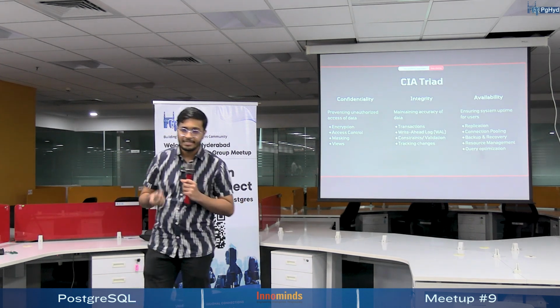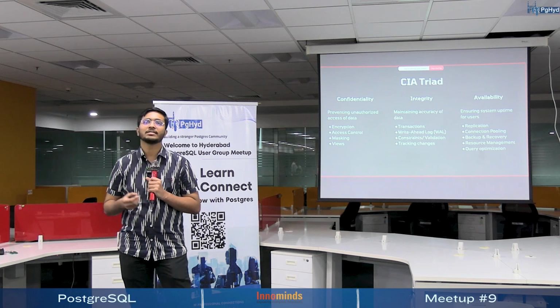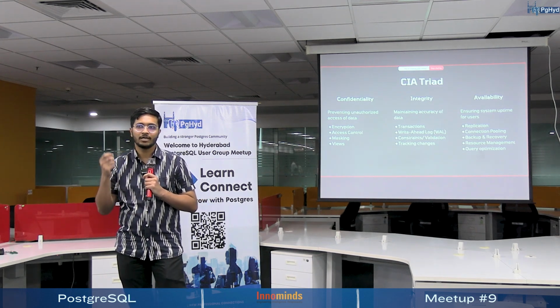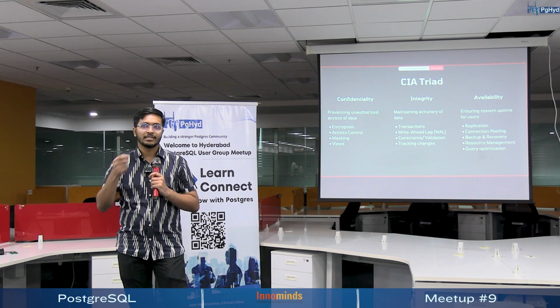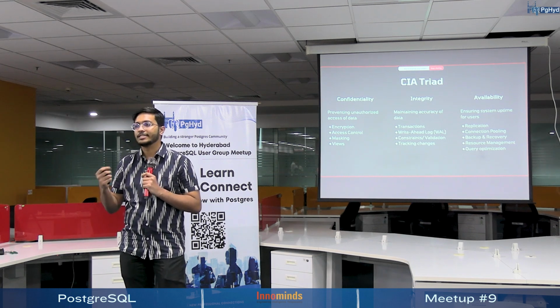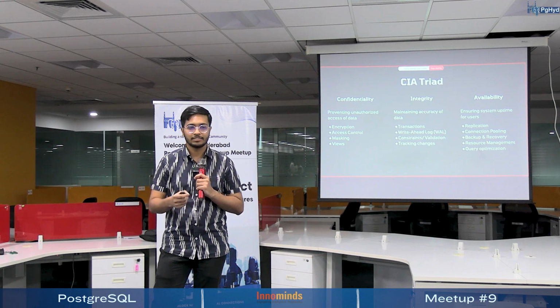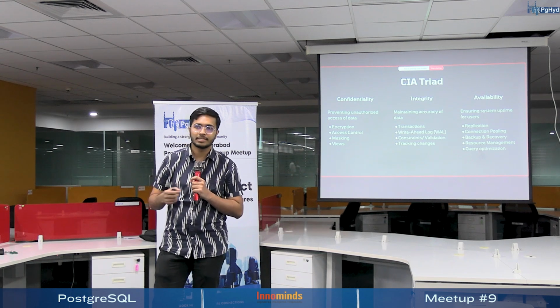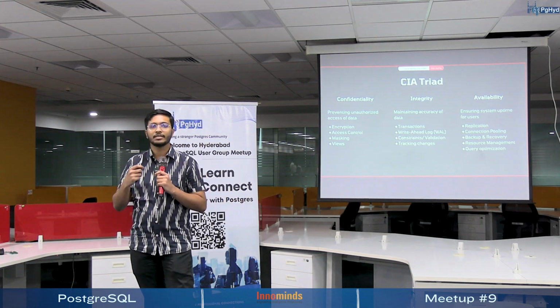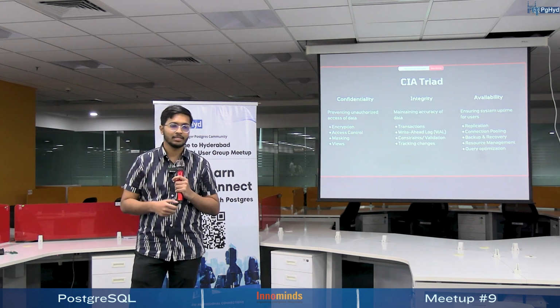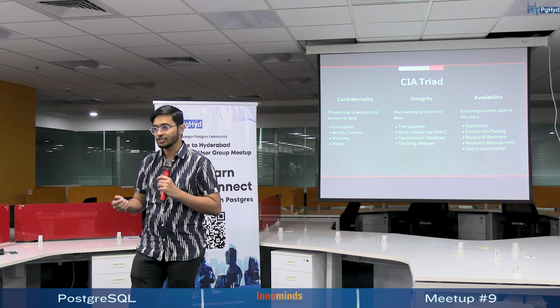Integrity. Integrity is basically a guarantee that the data that you have, the data that is being received or the data that is stored is actually accurate. And this is a very hard challenge. It's very hard to implement in terms of engineering, but people have already done this. There are different ways of implementing integrity. One of them is using transactions.